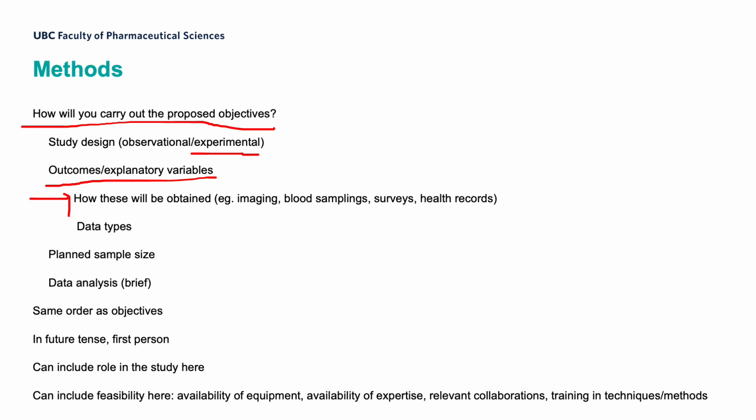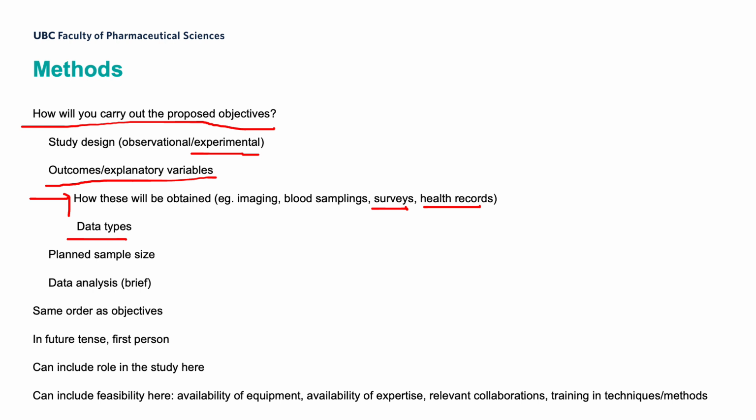So if my outcome variable is, let's say, an imaging biomarker or a blood biomarker, or you might also be obtaining data from surveys or from health records, how these will be obtained, and then also the data types for these outcomes. So if they're treated as continuous variables, or if you're going to convert a continuous variable into a binary variable.